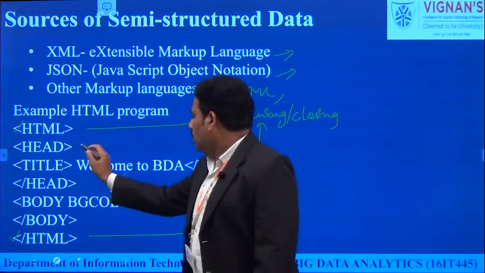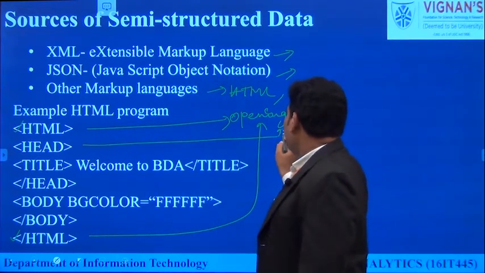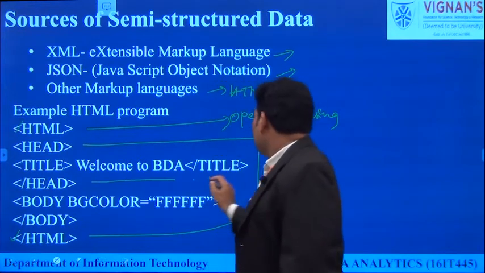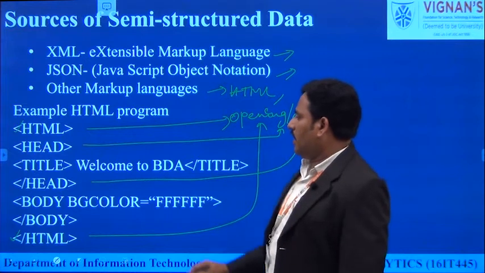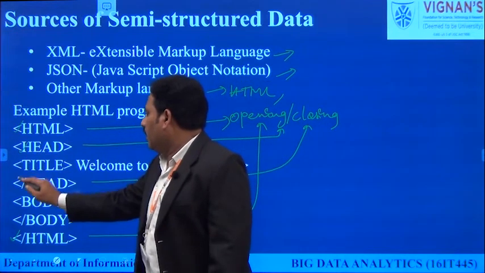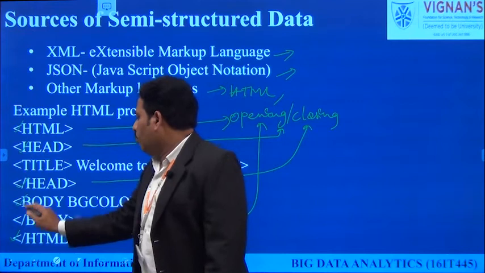Here also the head tag has an opening tag and a closing tag. That means all the tags have an order of opening and an order of closing, like body also.